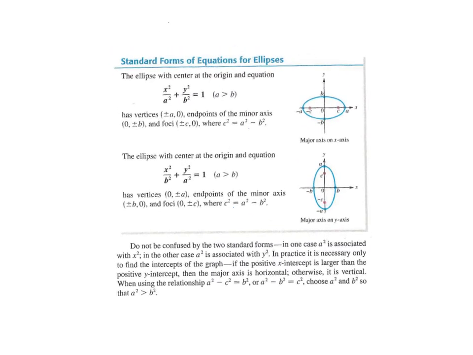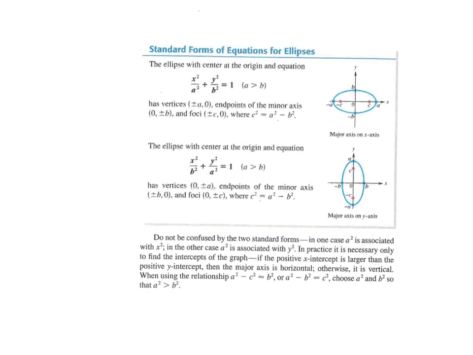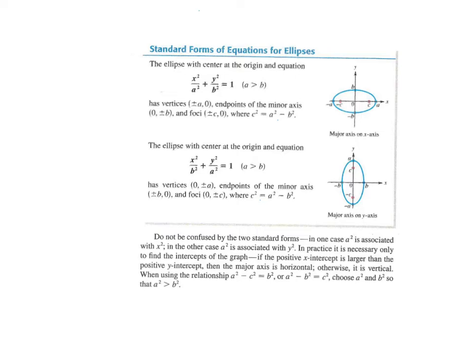So here are the standard forms of an ellipse when we have the center at the origin, or the center at 0, 0. When we look at the equations for the ellipse, the a squared is always going to be the larger of the two numbers. The numerator is going to stay with x squared plus y squared on top.